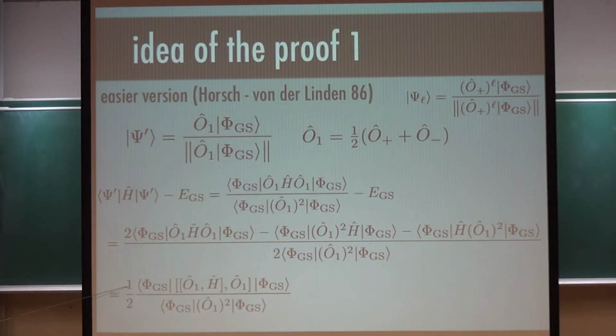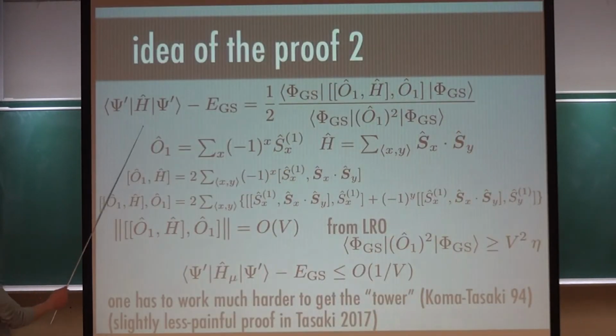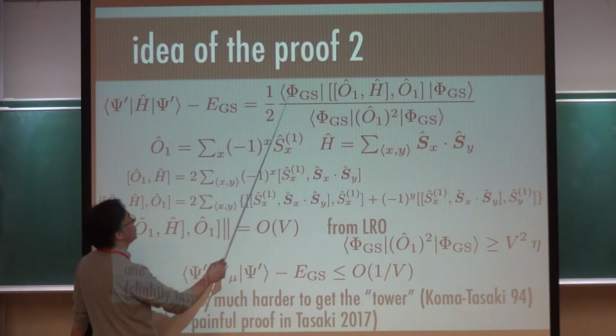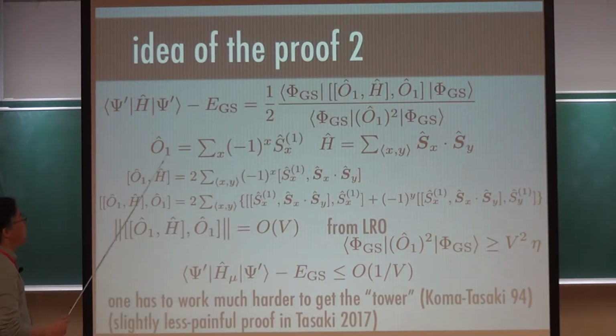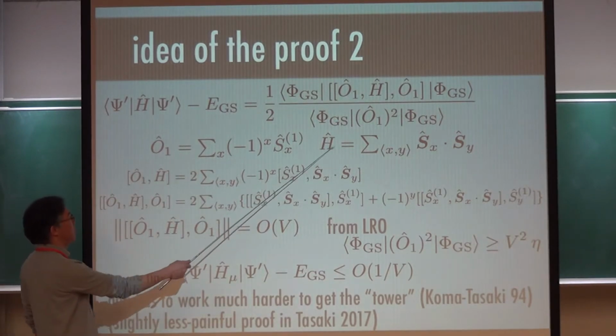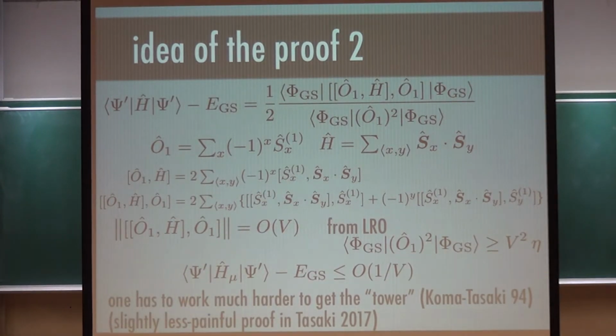And now, this is very clever. If you look at this very carefully, this can be rearranged as a double commutator, the commutator of O1 and H and the commutator of O2 and H. So what they got is that this variational excitation energy is precisely written in terms of the double commutator. Now you recall that this O1 and H are both sums of local operators.